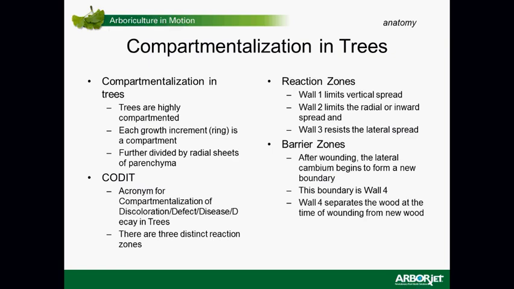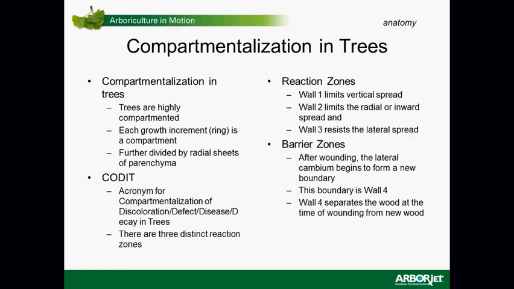And the parenchyma is wider in things like oaks, and they were very small. You couldn't see them in conifers. Not that they don't exist, but they're just single cell thickness in conifers. Shigo talked a lot about CODIT, which is an acronym for compartmentalization of either discoloration, defect, disease, or decay in trees. Pick the D that you like.